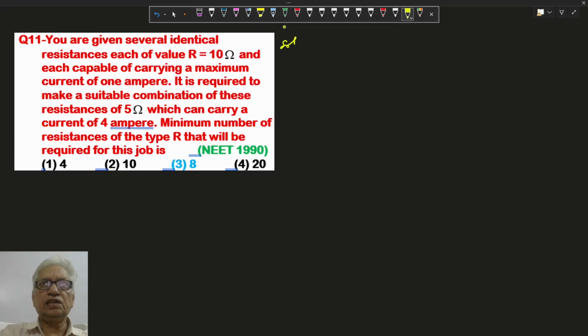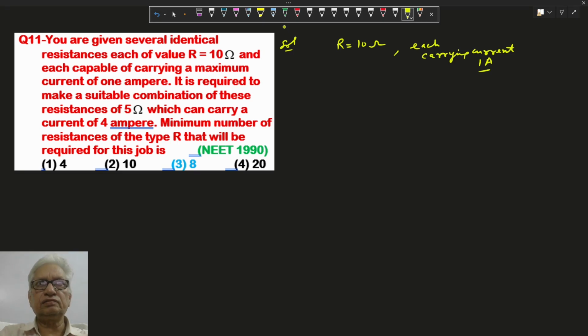2 is correct. In this question they are given several identical resistances, each having 10 ohm, and each is capable of carrying a current of 1 ampere, as given in the question.